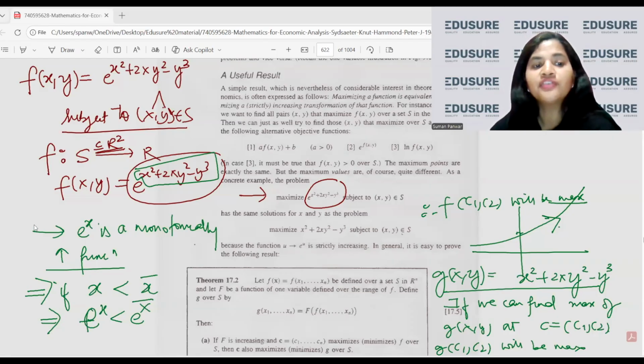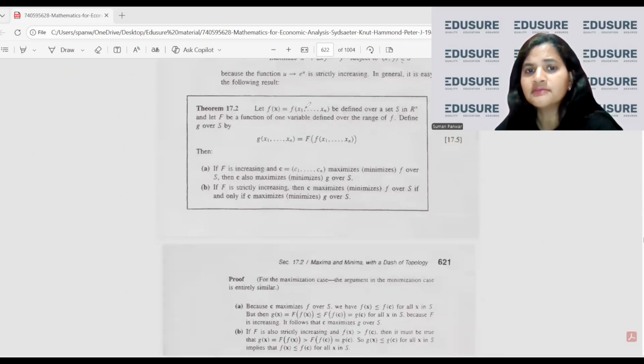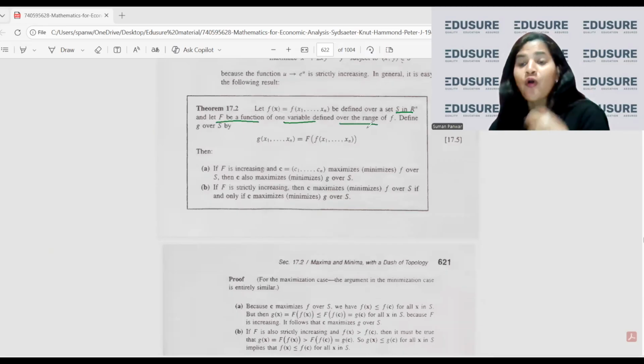Let us try to generalize this through Theorem 17.2. It says, let f(x) equal to f(x1, x2, till xn) be defined over a set S in R^n. So it's an n-dimensional function defined on a subset of R^n. And let capital F be a function of one variable defined over the range of f. Obviously, if f is taking some particular value, suppose f(x) is 2, then F should be defined for 2.